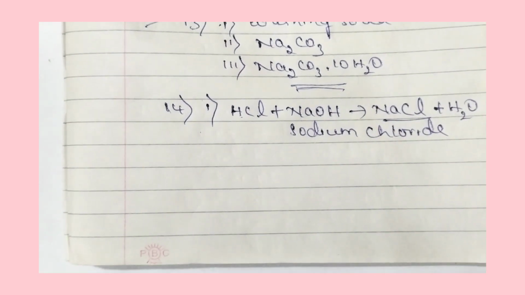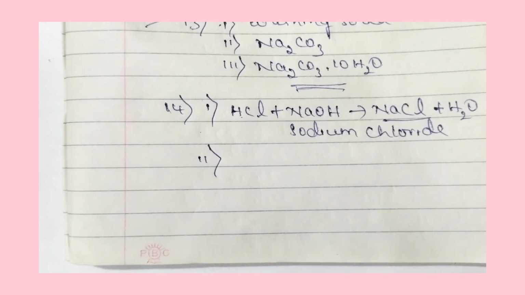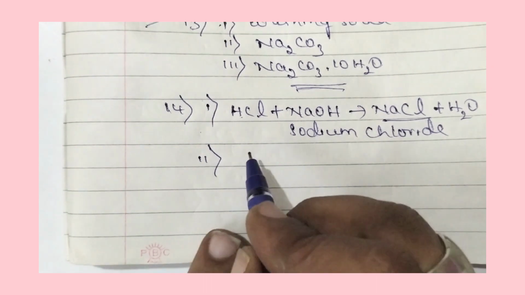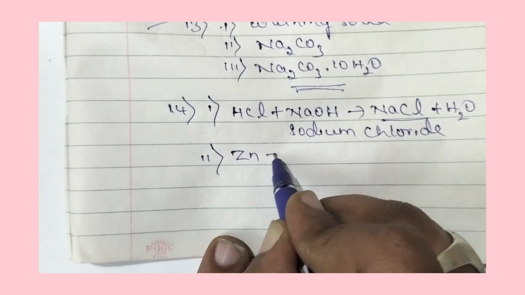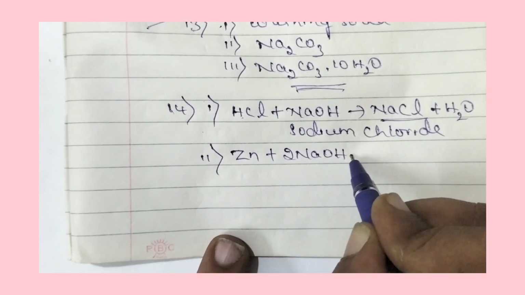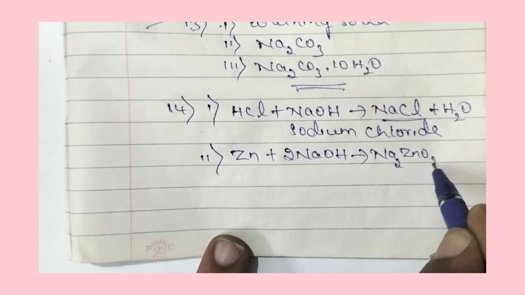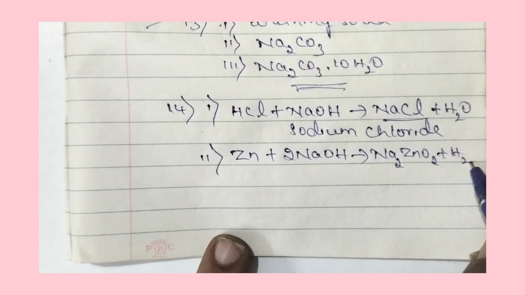Then the second question: when granulated zinc, Zn, reacts with caustic soda, that is sodium hydroxide, it forms Na2ZnO2 plus H2.